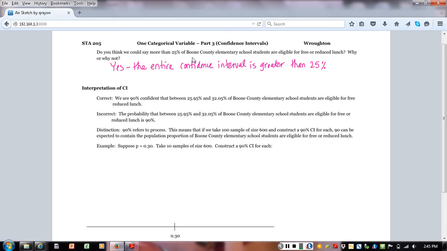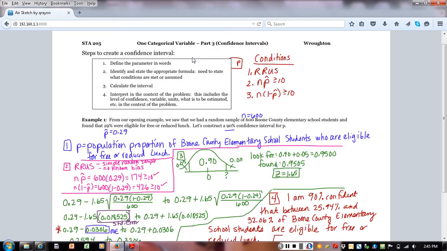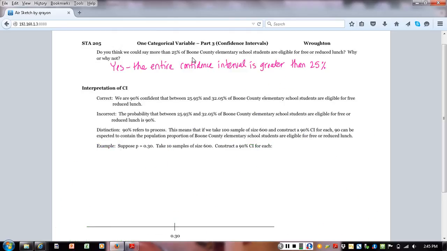All right, now let's talk a little bit more about this interpretation. So I seemed a little maybe picky on my wording with this interpretation. So the correct way we interpreted it, so we are 90% confident that between about 25.95% and 32.05% of Boone County elementary school students are eligible for free or reduced lunch.